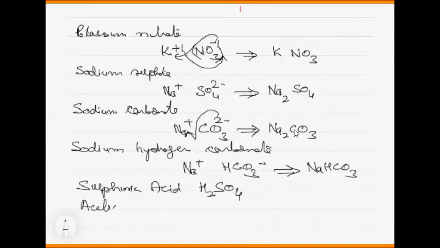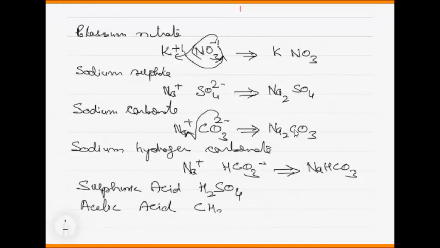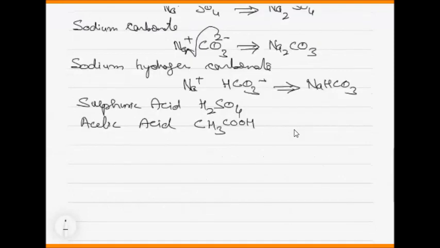Now acetic acid is a weak acid, otherwise it is CH3COOH. After acetic acid we move to the next compound. Next is nitric acid. So nitric acid, students, is HNO3.